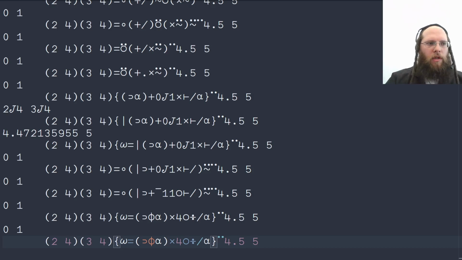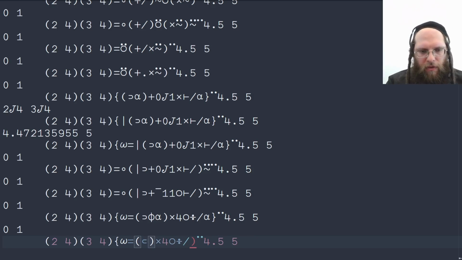For that, let's try to make a tacit. Again, we're pre-processing the right argument, so we can write the ratio of these two, the 4 circle on that, and then we just want the last element of the original left argument.